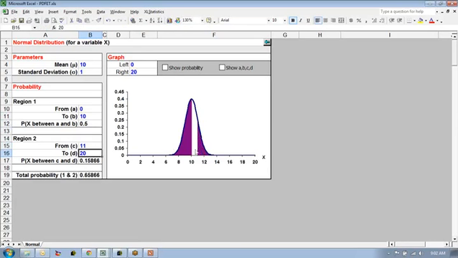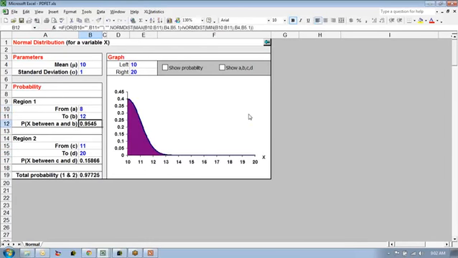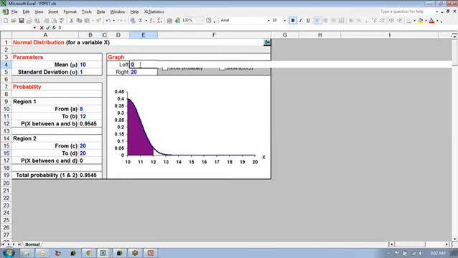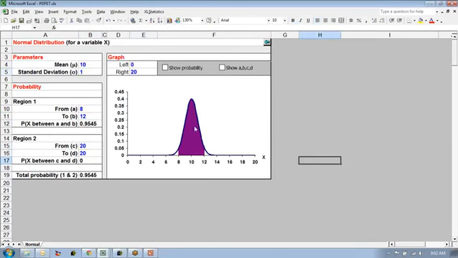That gives me multiple areas that I'm interested in. And if I wanted to do just something inside of that, like say 8 to 12, and then I'll just do 20 to 20 just to get rid of that. Change this from 0 to 20. There, it gives me something inside of that.